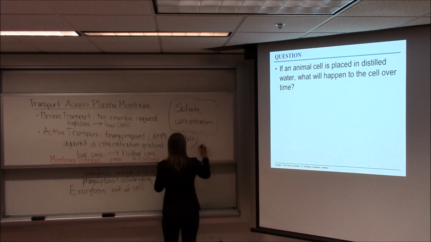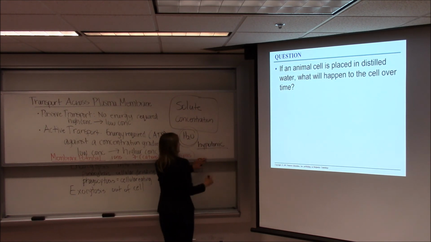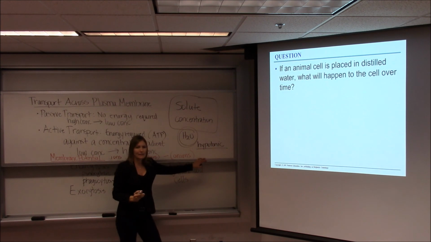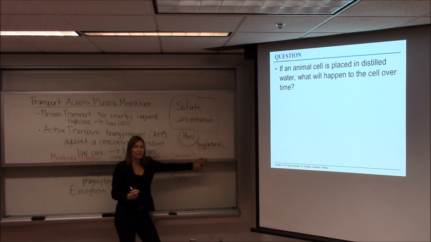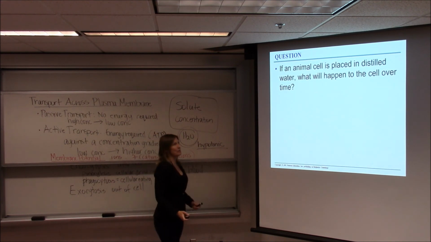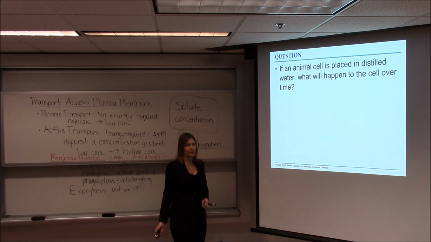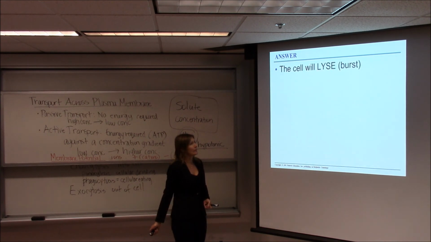Remember hypo and hypertonic? That distilled water would be hypotonic relative to the cell. So is water going to move into that cell or out of that cell? Over time, water is going to move toward where the solute concentration is higher. In this case, it's going to move into the cell. So over time, in that hypotonic environment, water will move into the cell. And remember, a plant cell becomes happy, turgid, an animal cell will burst over time. So it will lyse or burst.